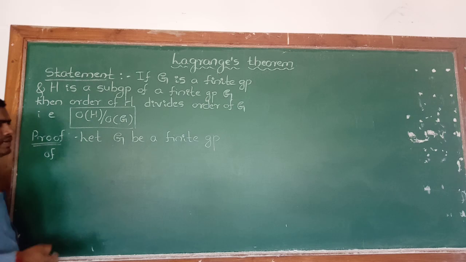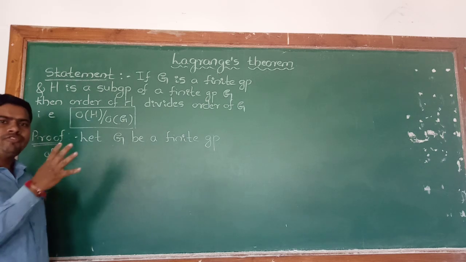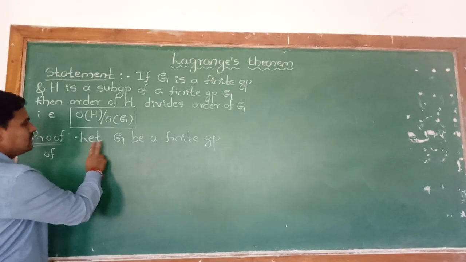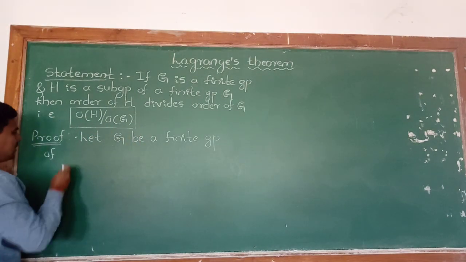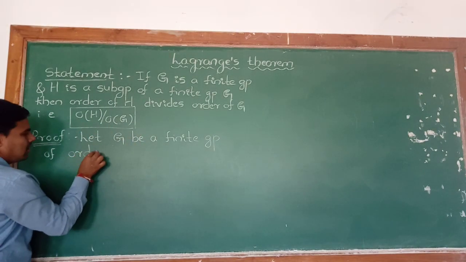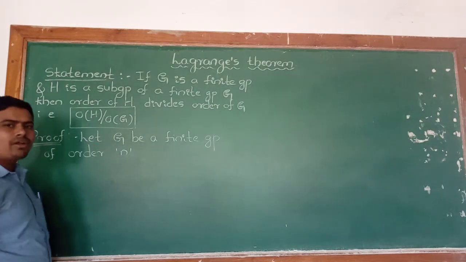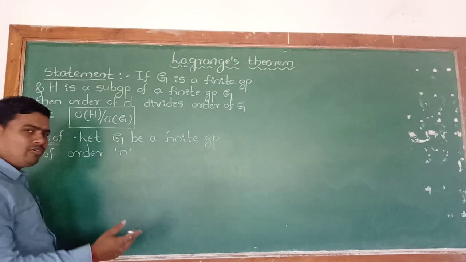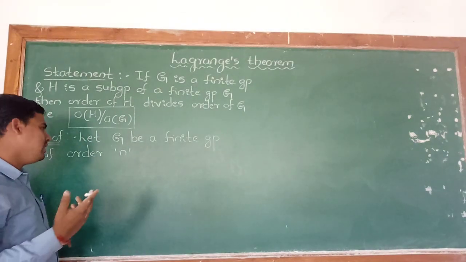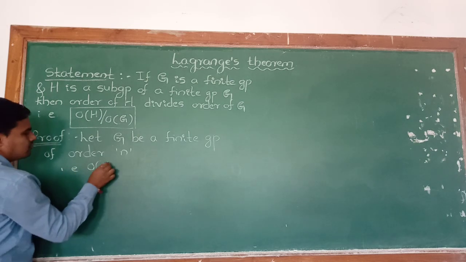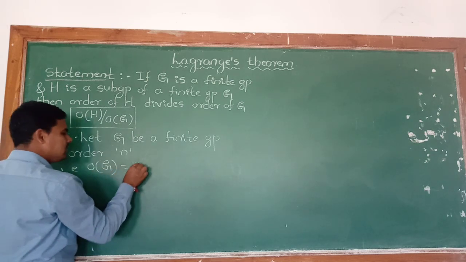Finite group means it contains a finite number of elements. Assume this set G contains n elements. It may be 4, 6, 5, 7, anything. That is, order of G is equal to n.